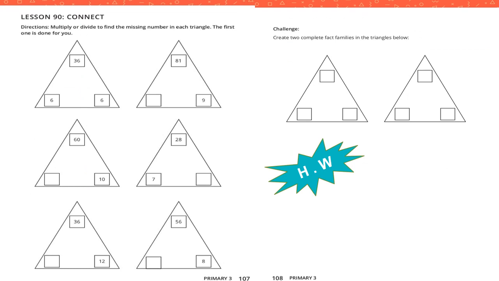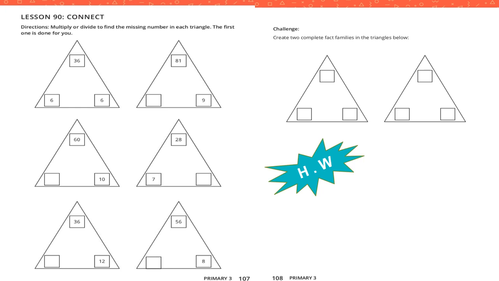Let's start lesson 90, the connect part. Multiply or divide to find the missing number in each triangle. It's the fact family. Here, look at the second triangle, 81, 9, and a space. The number on the top is the biggest number in the triangle, and 9 is small.